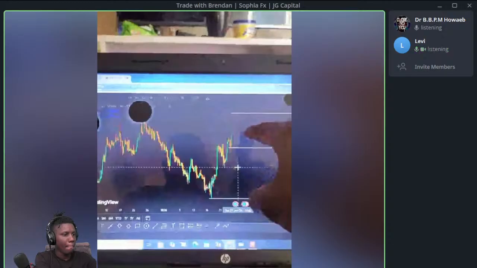Then I'll be looking for maybe an area, a pullback to maybe around.